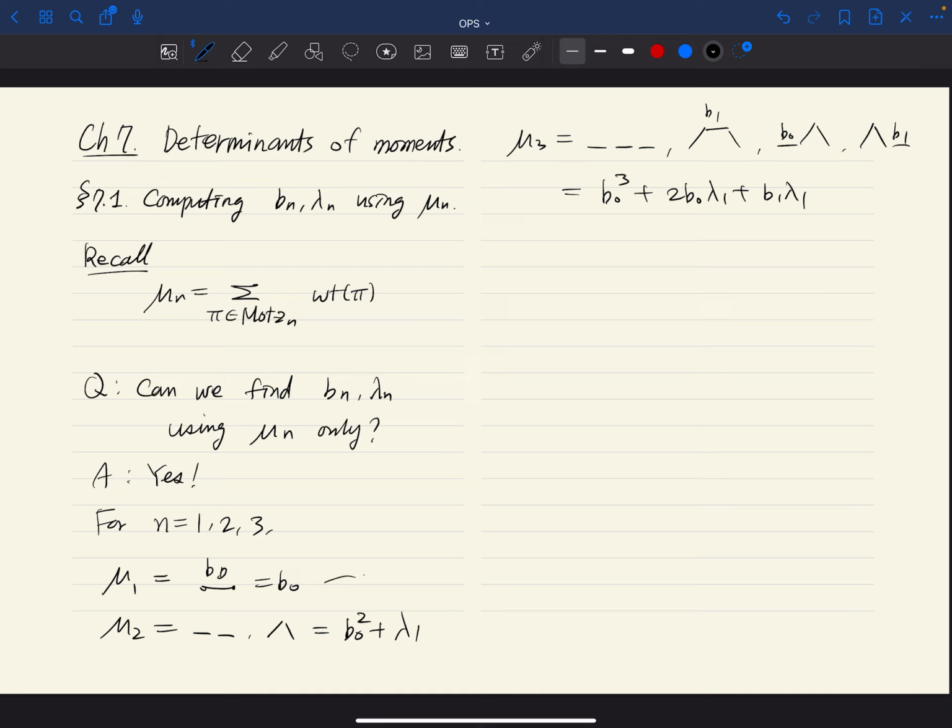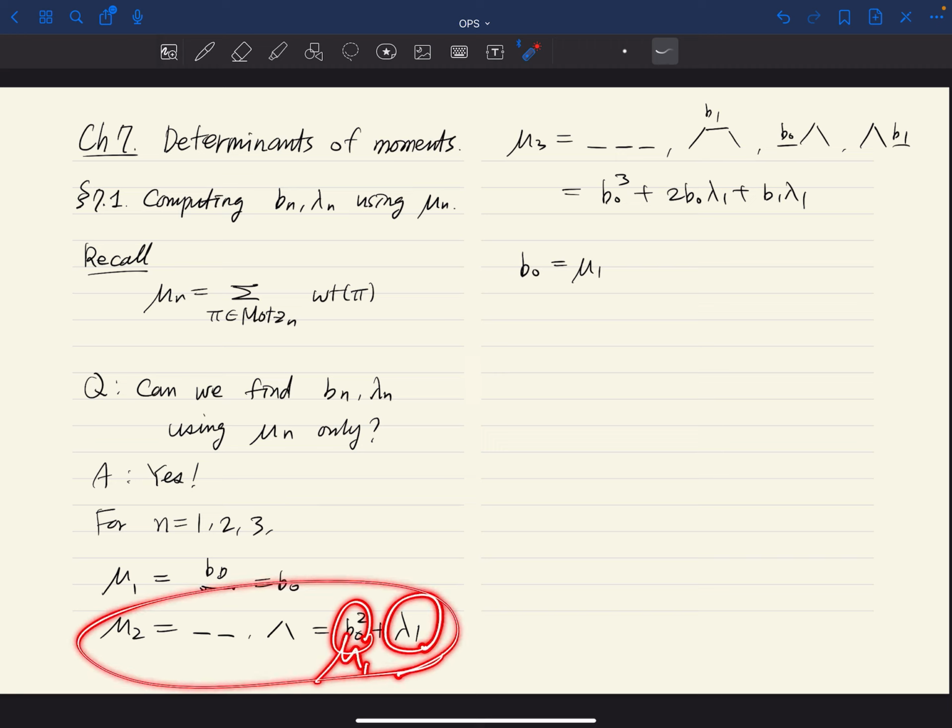Actually, from this, we can immediately see that b0 equals mu 1. What about lambda 1? Now we know this is mu. We express everything except lambda 1 using mu.